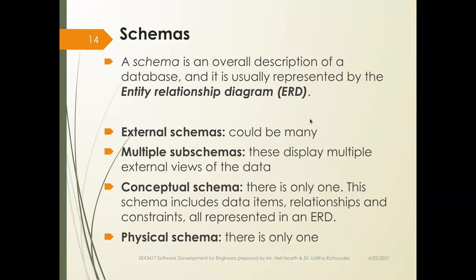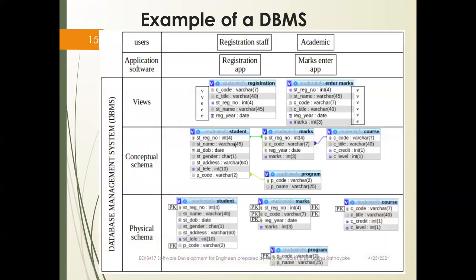Schema is an overall description of a database, and it is usually represented as an entity relationship diagram. Multiple external schemas, I will explain later. Here you can see these views, conceptual schema, physical schema, users, application software.